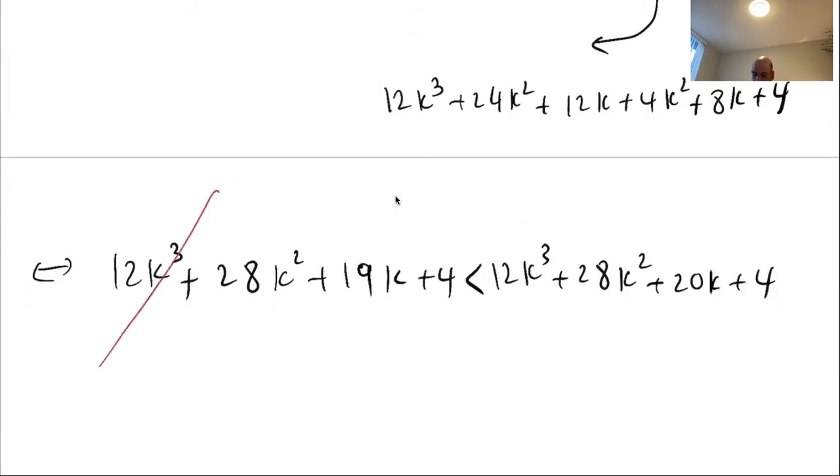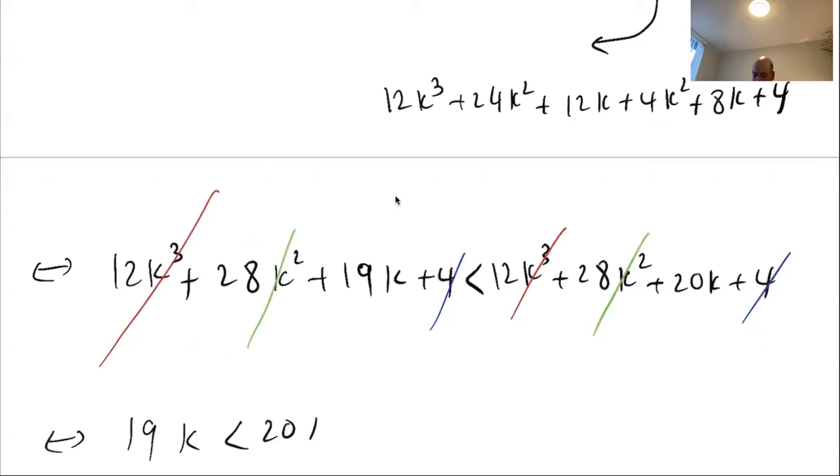Now, this one I can cancel with this one. Then 28k squared cancels with this one. Then 4 cancels with 4. I'm left with 19k less than 20k.